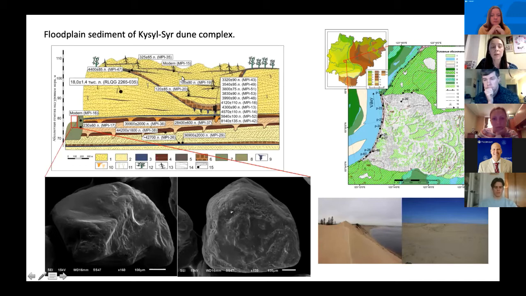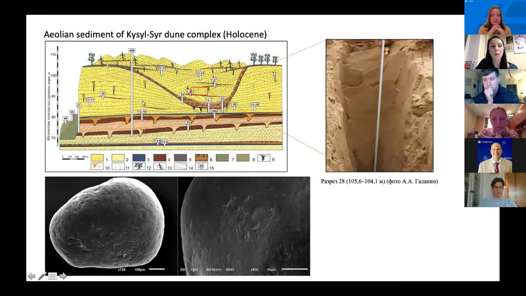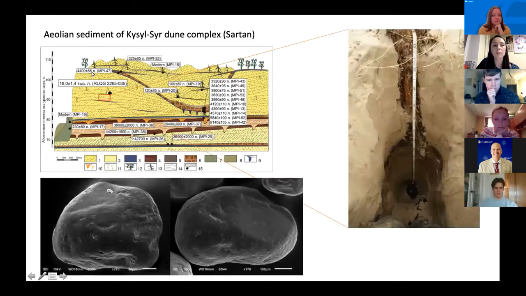And the next two parts, you can see this horizon. It separated this complex into two parts. It's an alkaline complex, but this part was formed in the Holocene, and this part was formed in the Sartan.